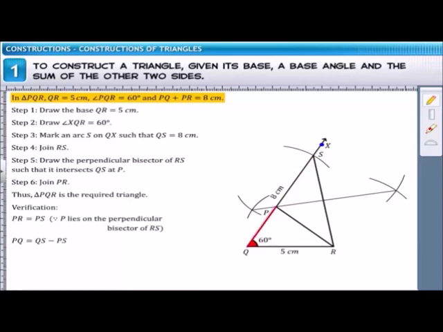This implies PQ is equal to QS minus PR, or PQ plus PR is equal to QS. Thus, in triangle PQR, QR is equal to 5 centimeters. Angle PQR is equal to 60 degrees, and the sum of the sides PQ and PR is equal to 8 centimeters. Hence, verified.